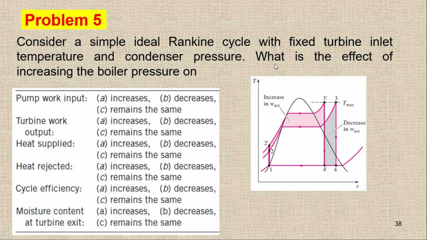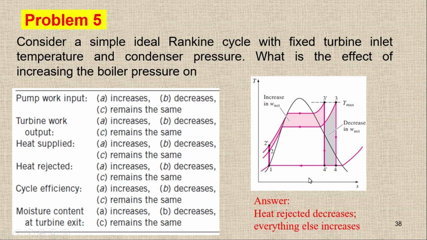Cycle efficiency is of course going to increase, and moisture content at the turbine exit is also going to increase. So again, like the previous question, heat rejected decreases and everything else increases for this cycle as well.